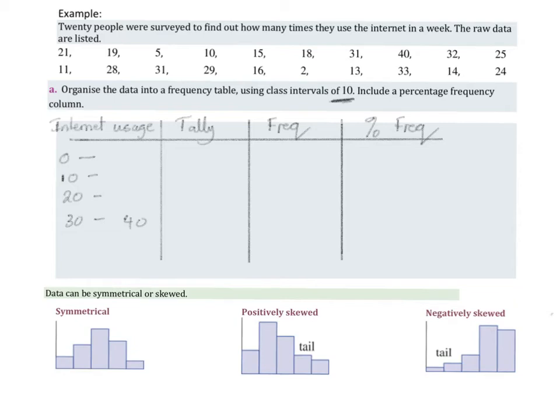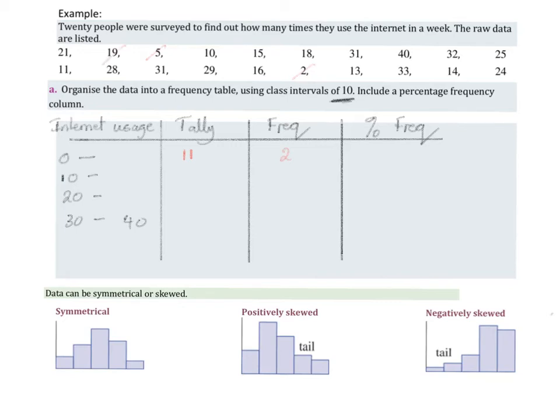Okay, so where do we go from here? Let's start with all the numbers between 0 and 10, but not including 10. So you can see 5 and 2. So that's a tally of 2 numbers and a frequency of 2. Next one are all the numbers between 10 and 20, but not including 20.